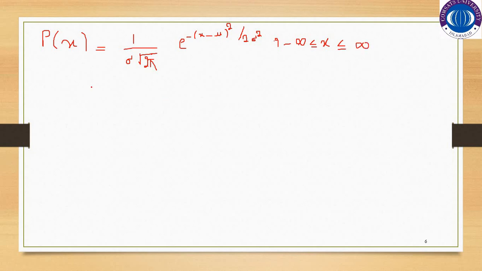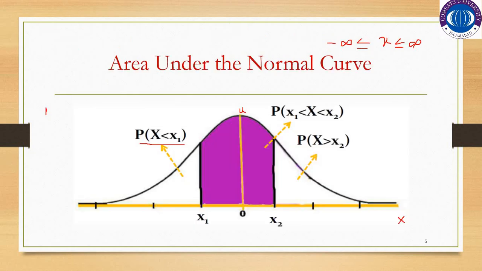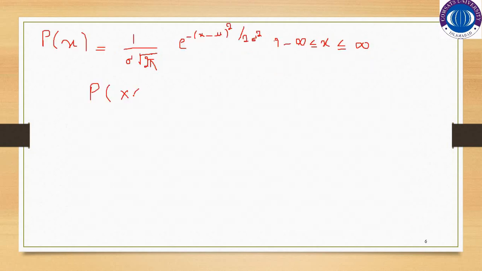So what you have to find is the probability x less than x1. As already discussed, just as a reminder, if we write probability x less than x1 or less than or equal to x1, both will be equal in the case of a continuous probability distribution function.